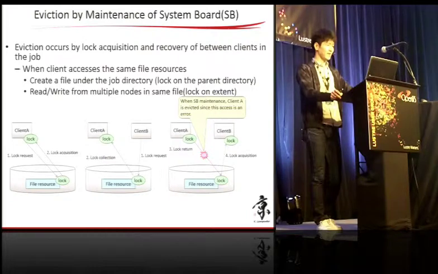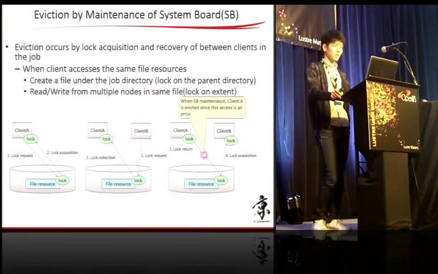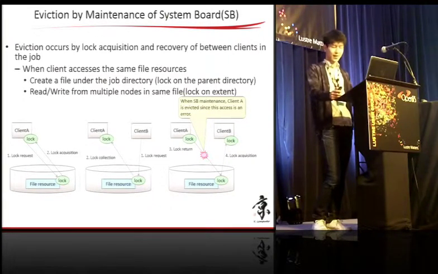Client A has lock. Now client B requests lock. Then lock manager collects locks from client A. When system board maintenance happens, client A is evicted since this access is an error.